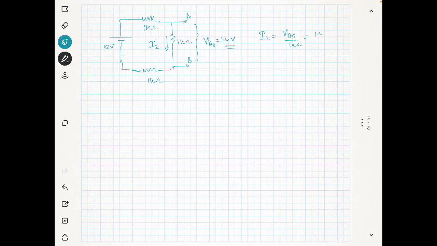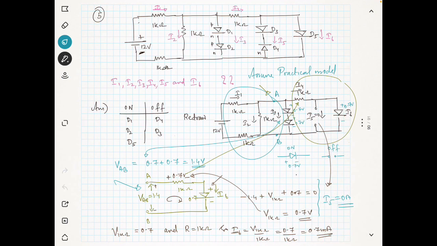It is 1.4 divided by 1 kilo ohm. So it is 1 milliampere. Sorry, not 1 milliampere, 1.4 milliampere. So we got I2 as 1.4 milliampere.